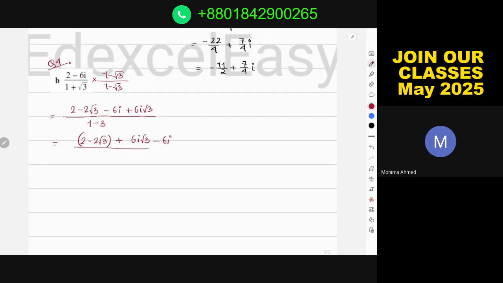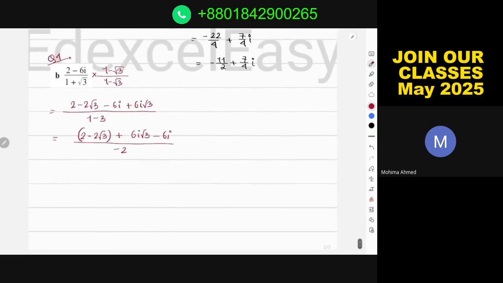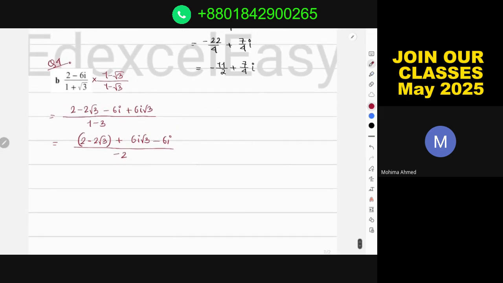And everything was divided by minus 2. I can separately write the constant and the i's together. So in the constant, if you take 2 common, you have 2 times (1 minus root 3) divided by minus 2. And then again, in between them, you have a positive number. So then again, you can write (6 root 3 minus 6) divided by minus 2, times i.